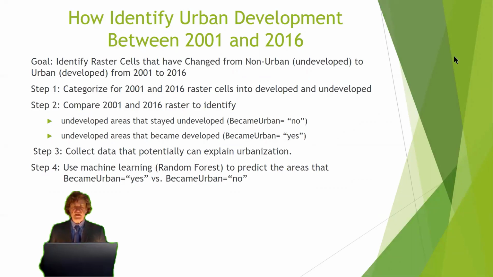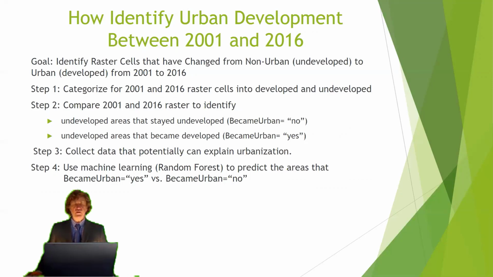The first step is we categorize 2001 and 2016 raster cells into developed or undeveloped. Then we compare 2001 and 2016 to find out which cells have changed from undeveloped to developed. In step 3, we collect data that potentially can explain urbanization.